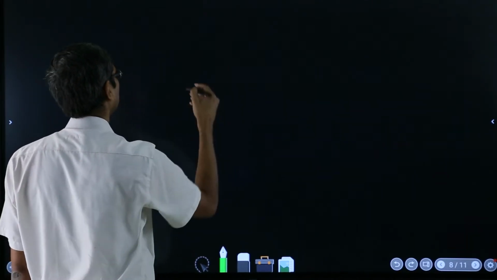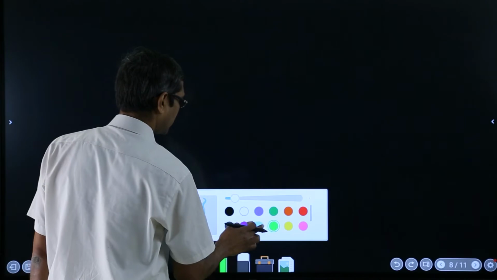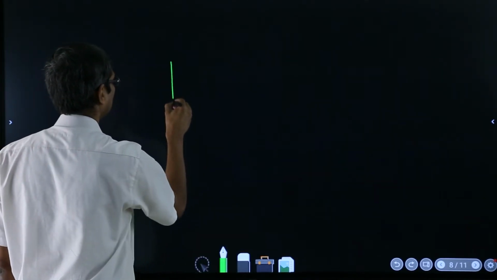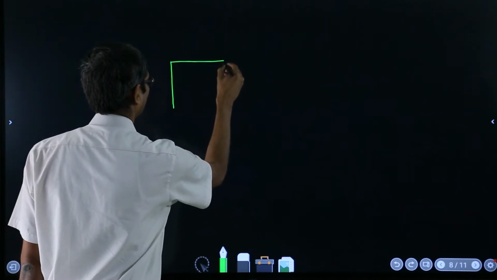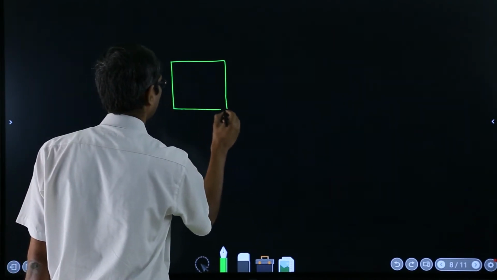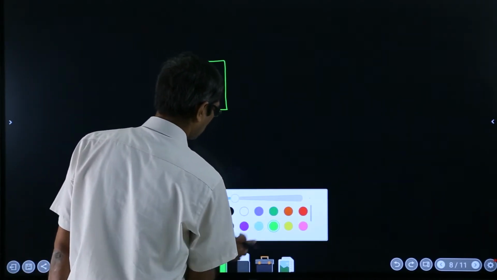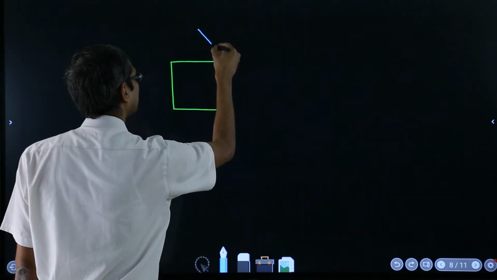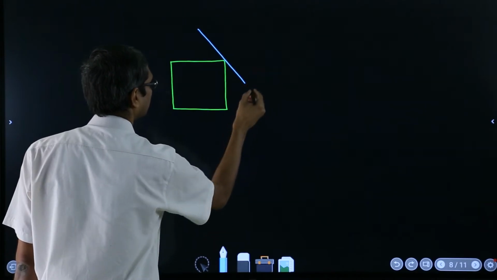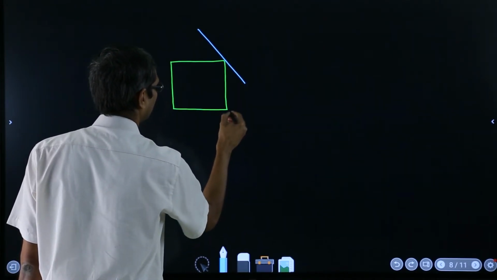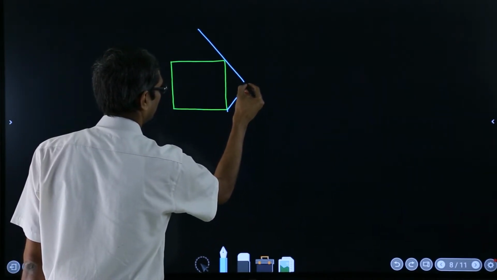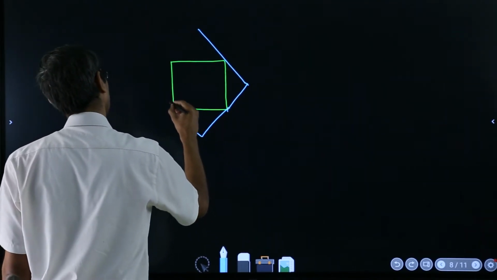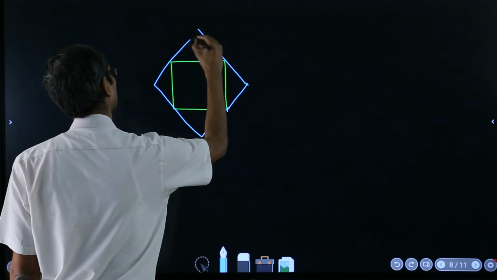You have, let me draw, the green square like that, and if I now draw 45-degree lines like that, so like that.